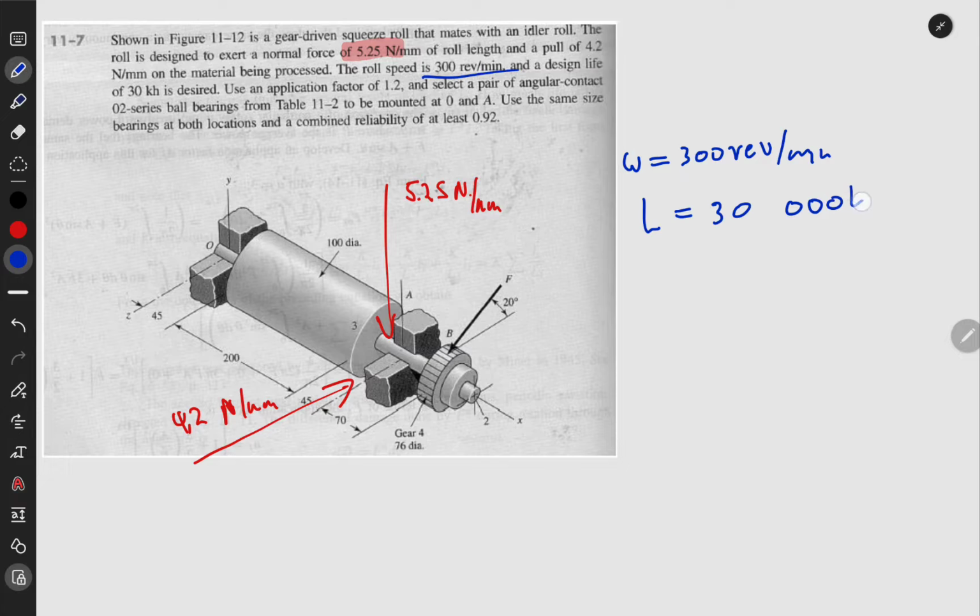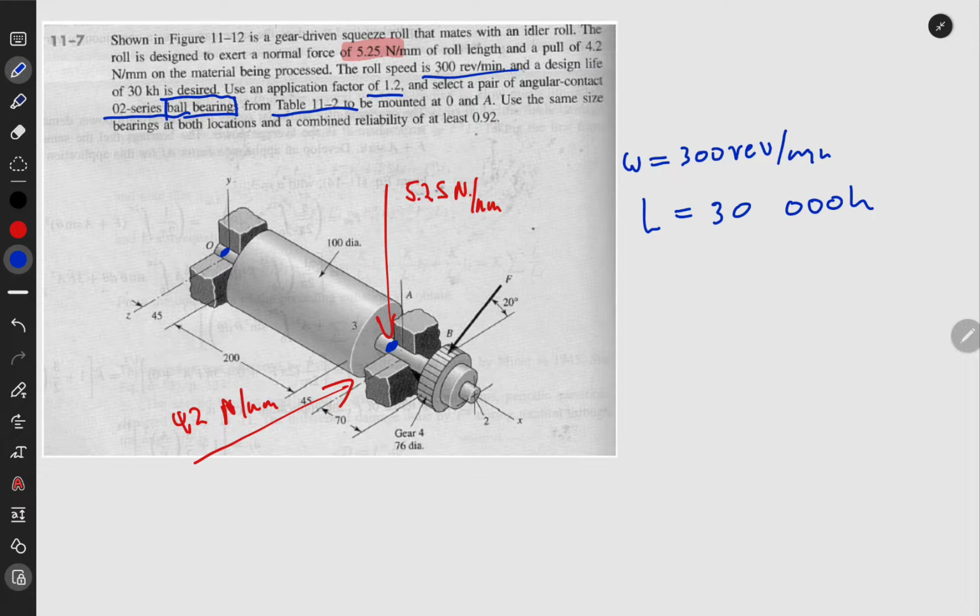Let me just put three zeros. Use an application factor of 1.2, and then select a pair of angular contact bearings. They're giving us the type of bearings we're getting, so we're trying to get ball bearings, and they will be mounted at A and O.